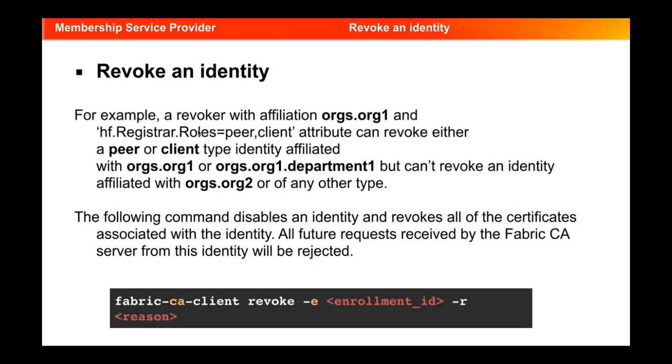For example, as you can see in this example, the revoker with affiliation org1 and the property hf.Registrar.Roles equal to peer or client can revoke either peer or client type of identity affiliated with org1 or org1.department1, but it cannot revoke an identity affiliated to org2 or of any other type, meaning it can revoke only the types peer or client, not admin and the other types.